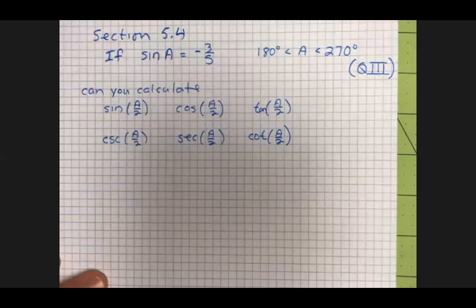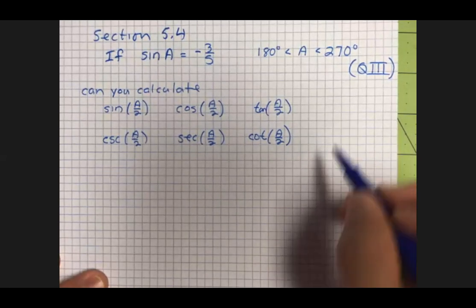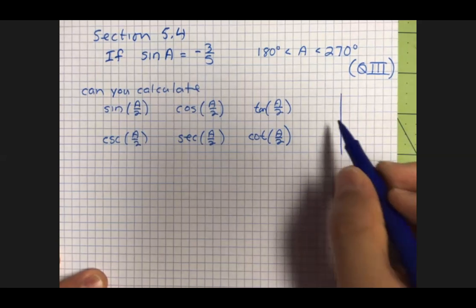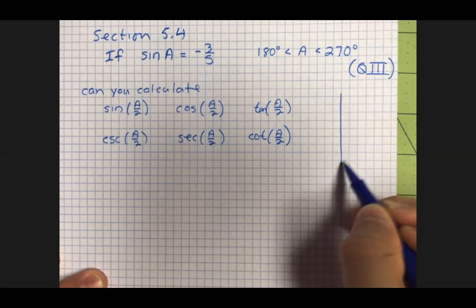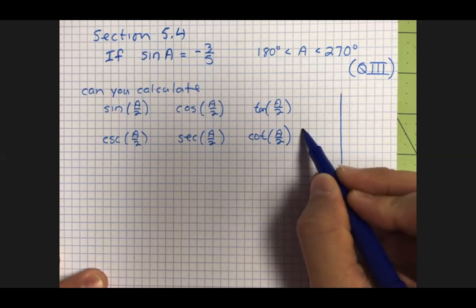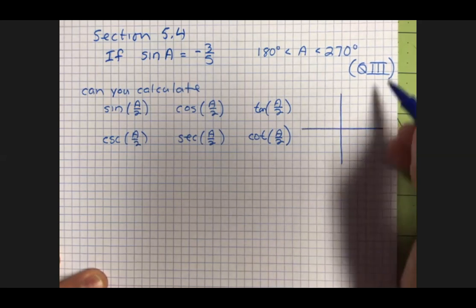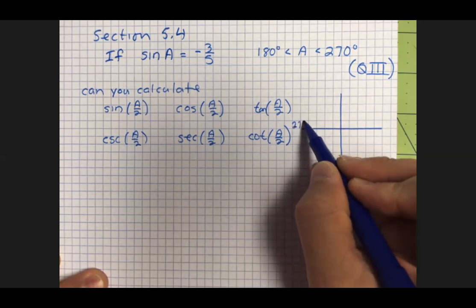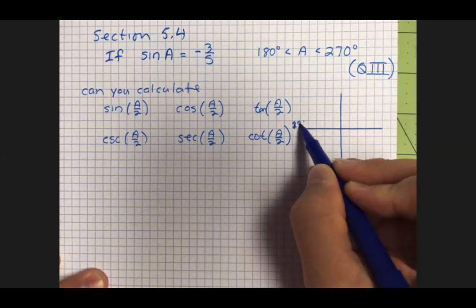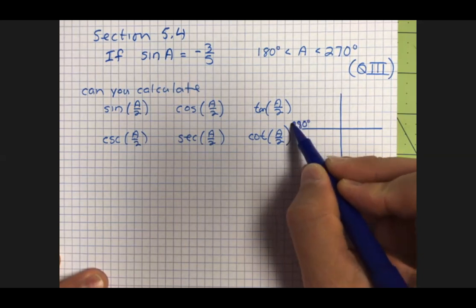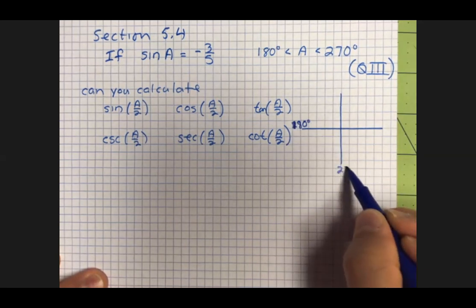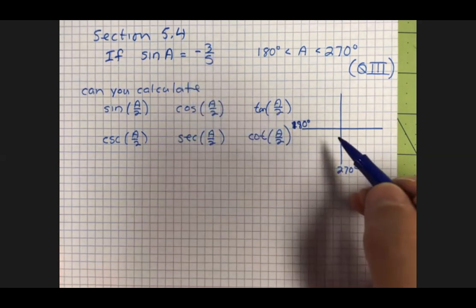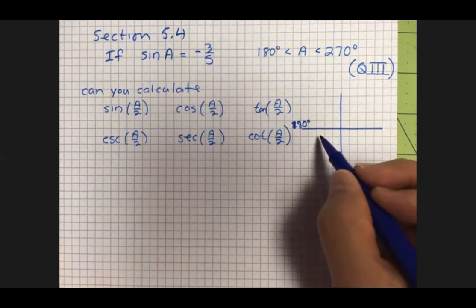Let's try it out. So first, I better draw this angle. Over here in quadrant 3, between 180 degrees and 270 degrees. And the sine is minus 3/5. Sine is y over r.